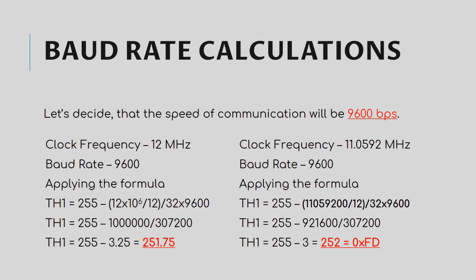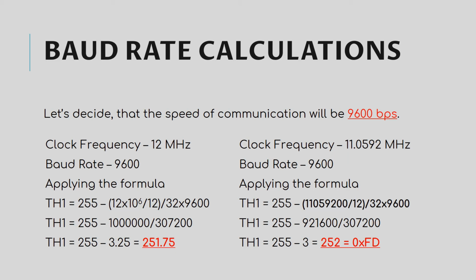So 12 will be cancelled and 10 to the power 6 is 1, then 60 divided by 307200. You can open the calculator and multiply these two, 32 into 9600. You will get 307200. So what we are getting is a fractional number, 251.75.